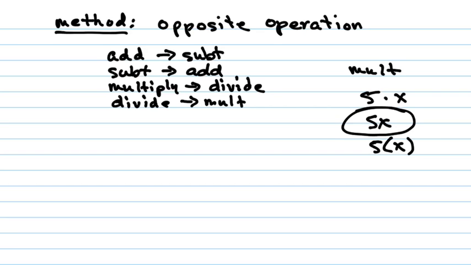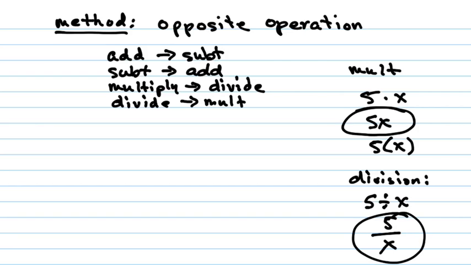The second one, 5x. And division, you can see a couple of different ways, right? 5 divided by x, or 5 over x. Which one is the most common way in algebra? 5 over x. Does that mean the others won't happen? No, they can happen, so be careful.